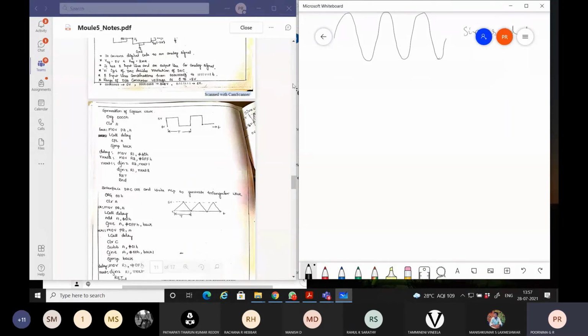So our intention is an ALP to generate a square wave.